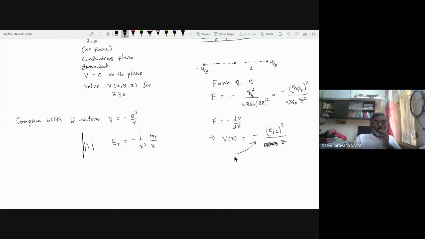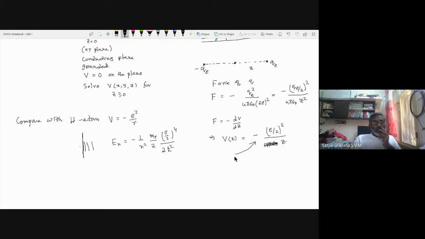E to the power 4 is e by 2 to the power 4, by 2 h bar square. So this is going to be your energy levels.